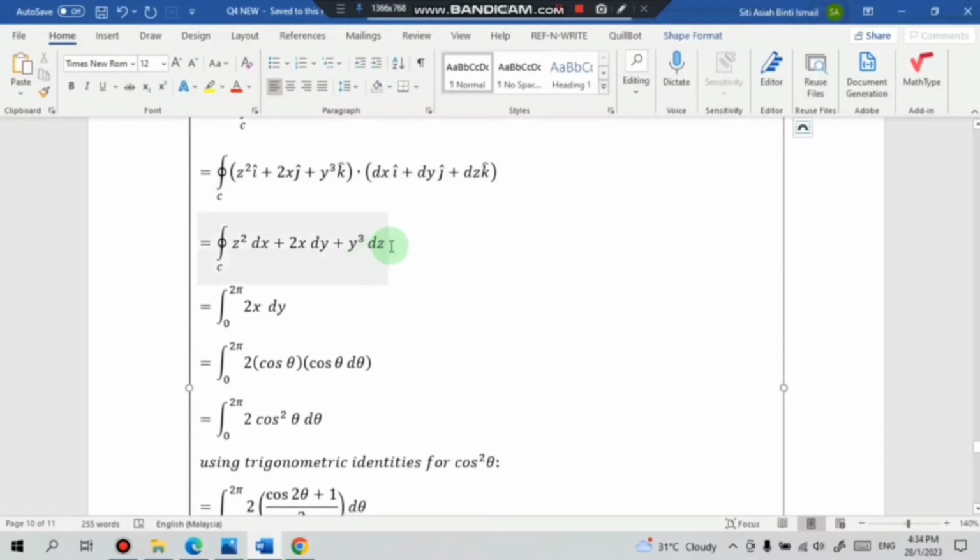From this equation, the only term left is the integral from 0 to 2 pi of 2x dy. We substitute x equal to r cos theta and y equal to sin theta, so dy is cos theta d theta. After substituting, we get the final equation, the integral with limit 0 to 2 pi of 2 cos to the power of 2 theta d theta.